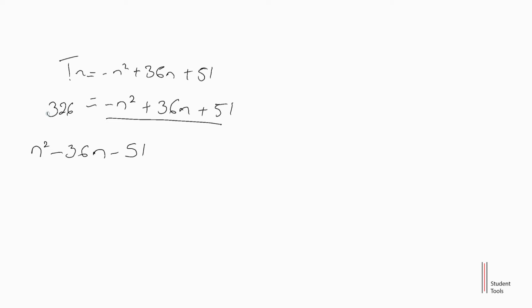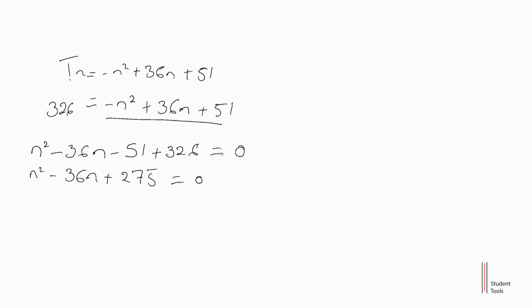And then we have the 326, which is already on the left hand side, so it will remain positive 326, so equal to 0 this side. And now here we have n squared minus 36n minus 51 plus 326, that is a positive 275. So all this is equal to 0.